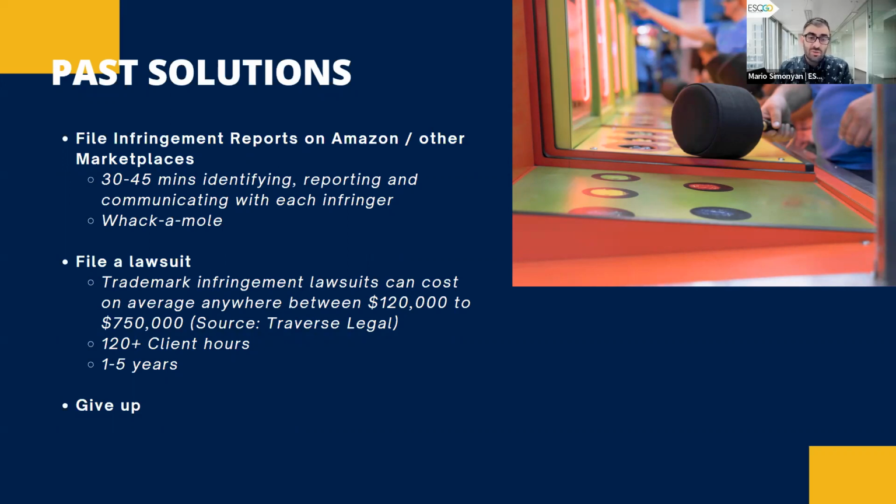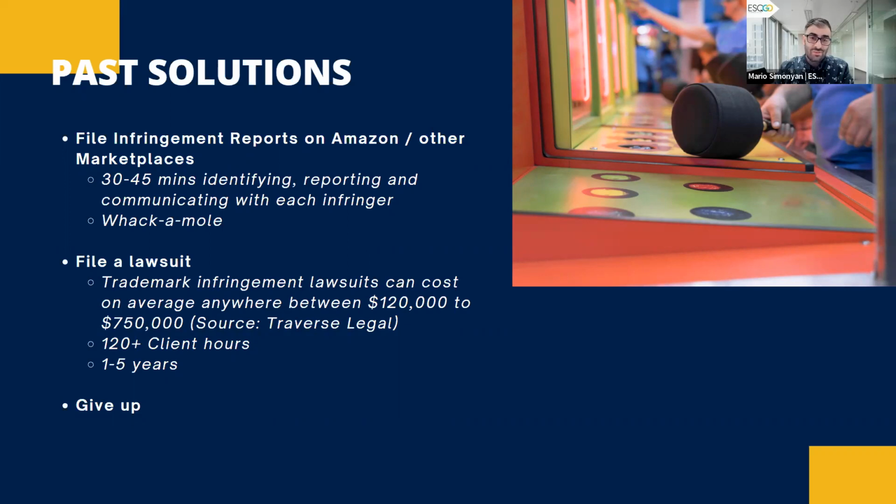The other option has been to file a lawsuit, right? On average, for filing a lawsuit, you're looking at spending north of $100,000. I would say it's closer to $250,000 to $500,000 to enforce your intellectual property. And that's going to take up a lot of money, but it's also taking up a lot of time.